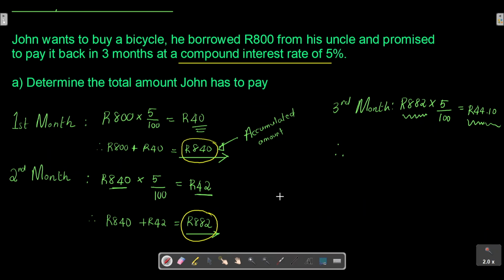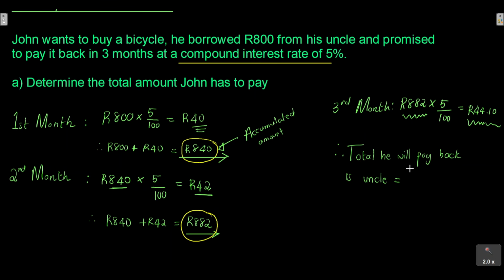Therefore the total he will pay back his uncle is 926 rand and 10 cents.